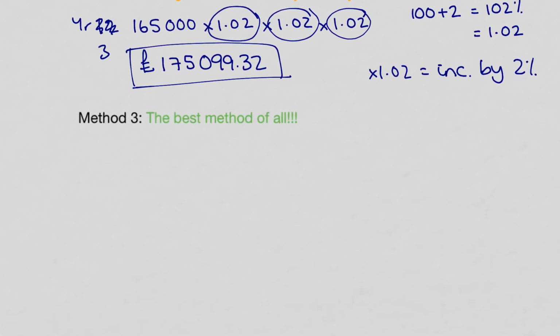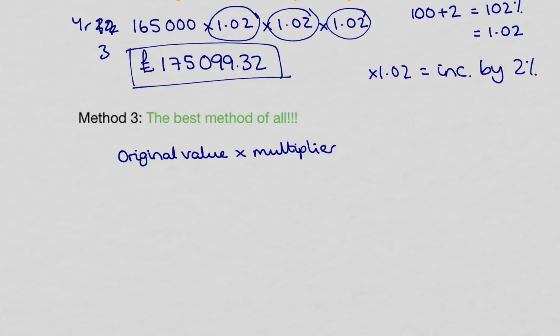So there is an even shorter cut than that, and that is, if you take your original value and you multiply it by the multiplier, that tells you what you've got at the end of 1 year or 1 week or whatever your time period was. But if you're doing compound percentages, you're multiplying by this multiplier over and over.